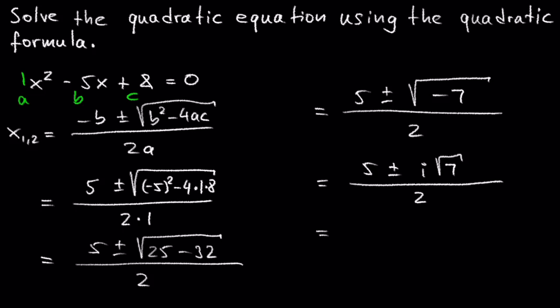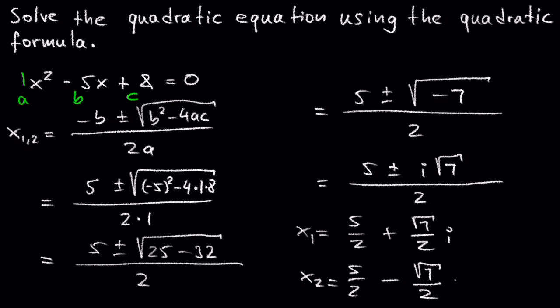So our first solution is 5 over 2 plus the square root of 7 over 2 times i. And the second solution is 5 over 2 minus the square root of 7 over 2 times i. And we're done with this problem.